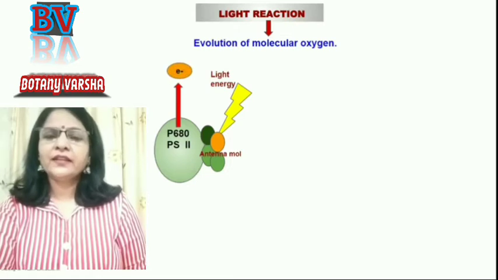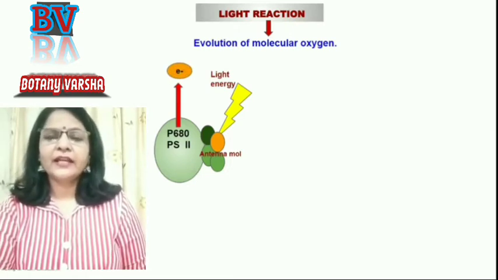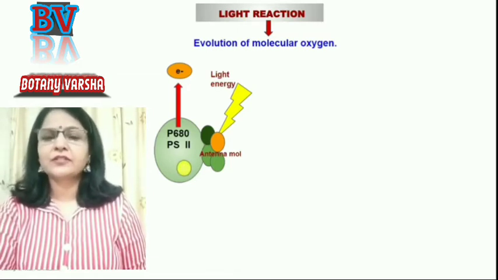And when pigment system 2 exudes an electron, a small electron hole appears in pigment system 2.